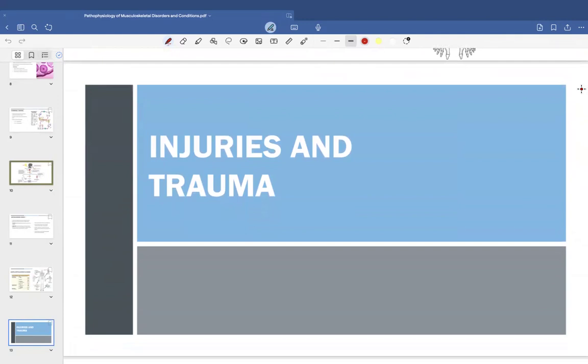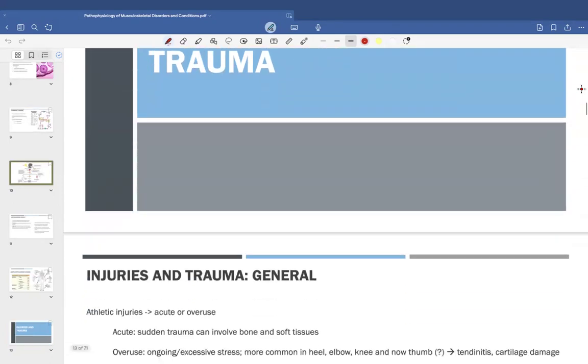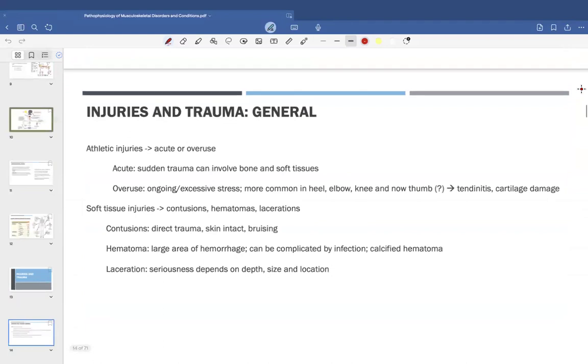All right, so let's talk about injuries and trauma, and what happens with these joints. Some general observations, okay? A lot of the injuries and trauma are athletic injuries, and they can be athletic injuries in non-athletes. They happen quite often, probably more often than in the athletes themselves.